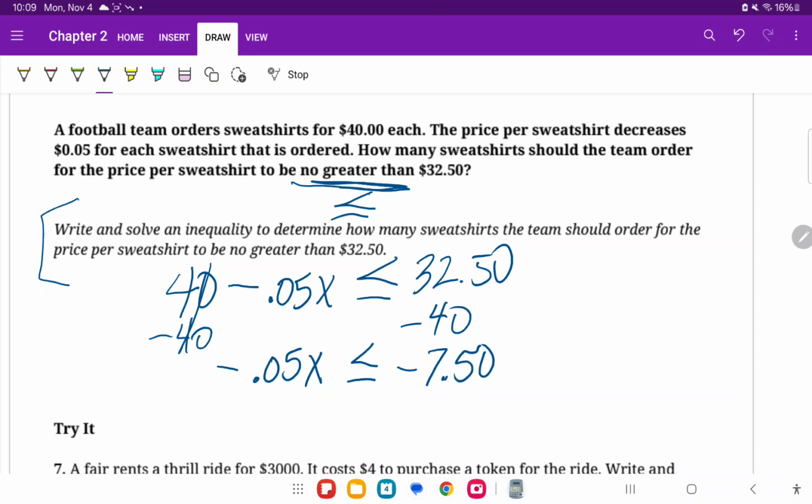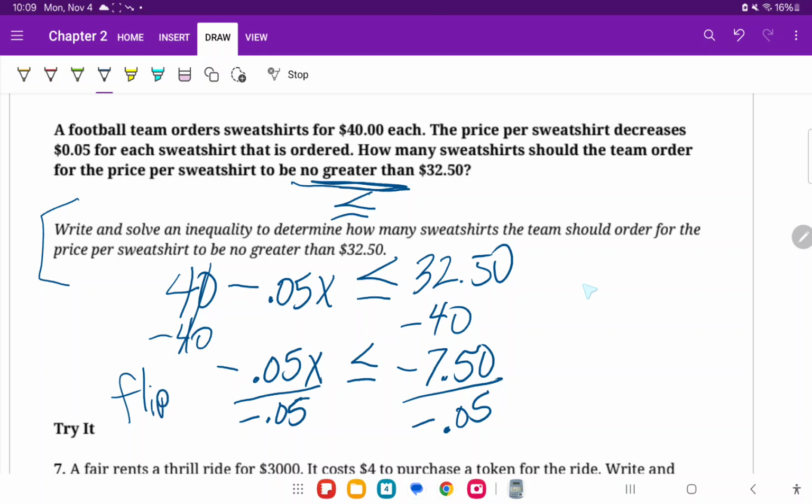$7.50. So then we will divide by negative 0.05. But remember, when we divide by a negative, we have to flip because we're dividing by a negative.